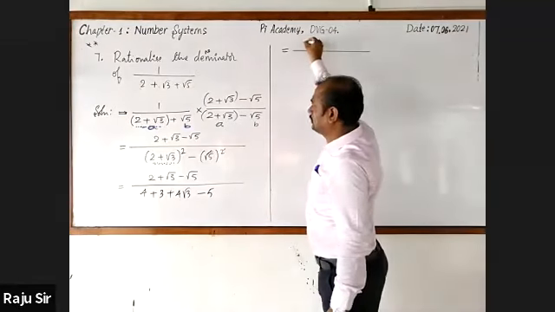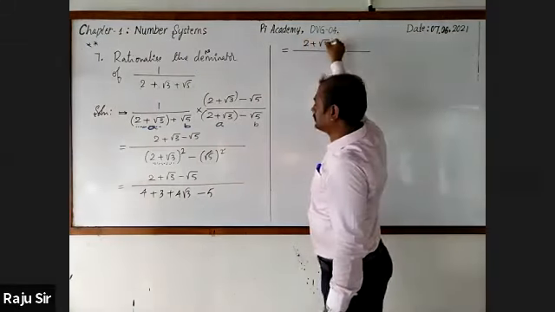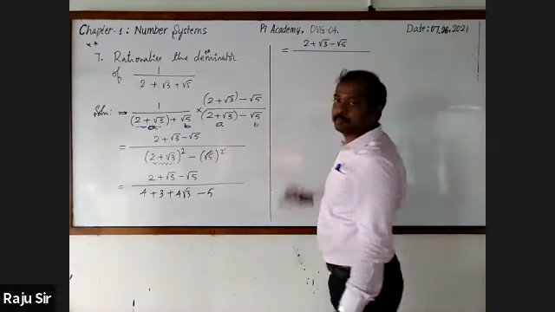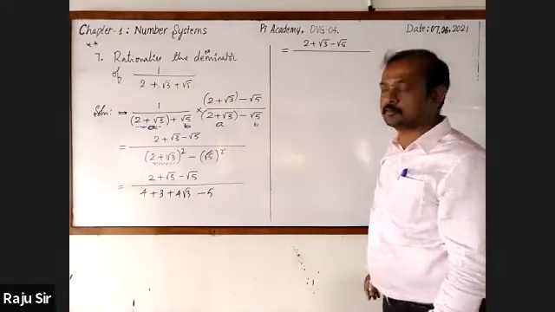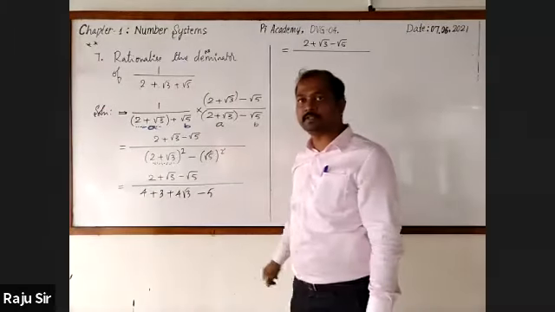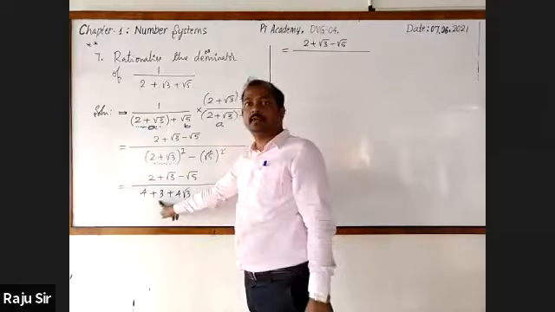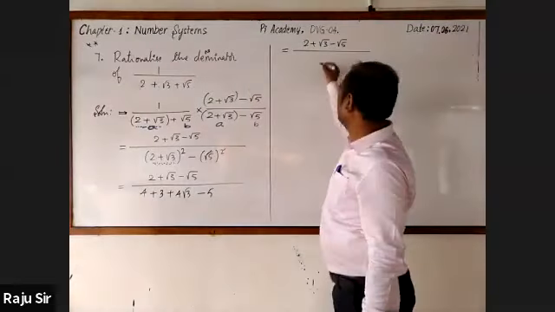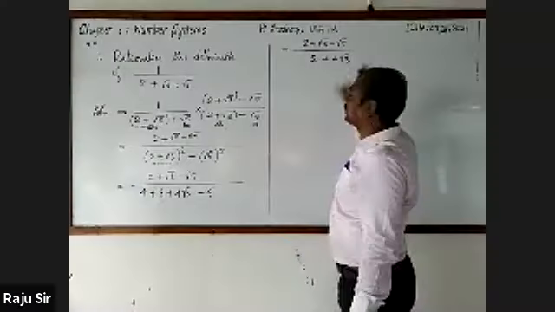It is 2 plus root 3 minus root 5. Next, denominator. You may simplify this. What is 4 plus 3? 7. 2. So 2 plus 4 into root 3.